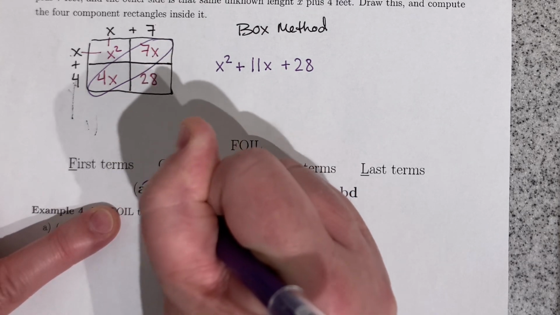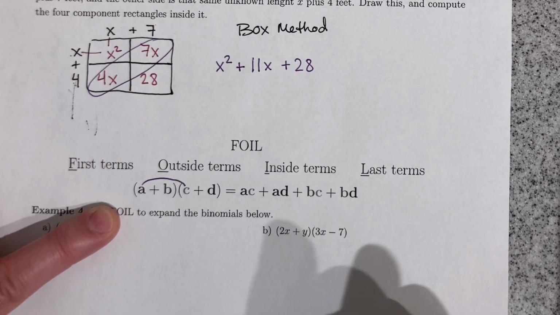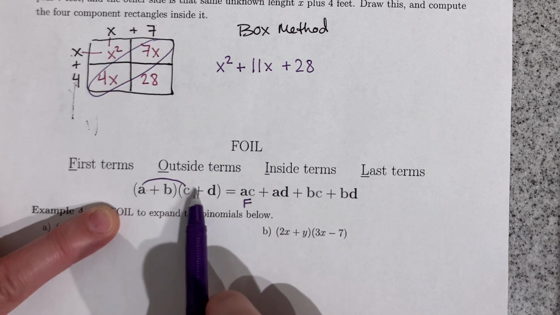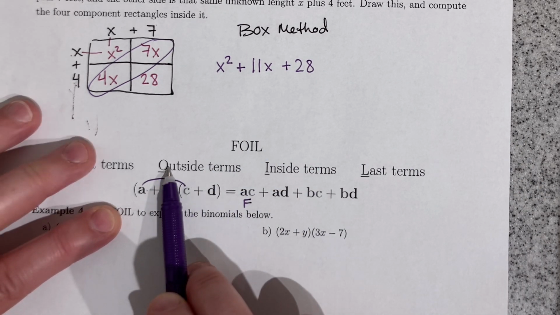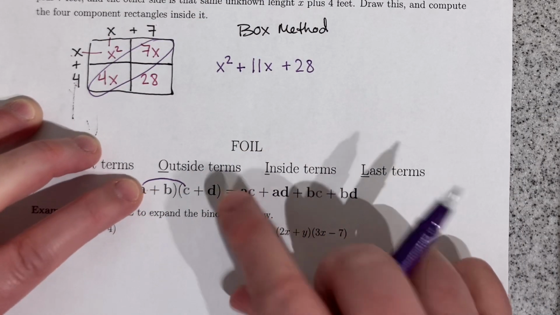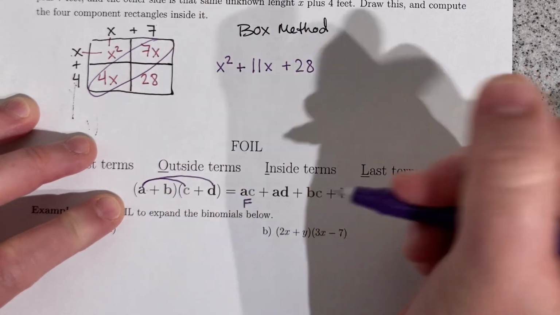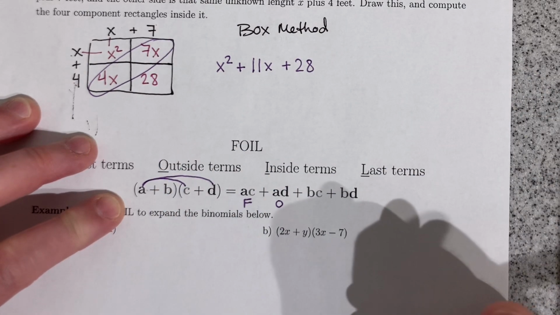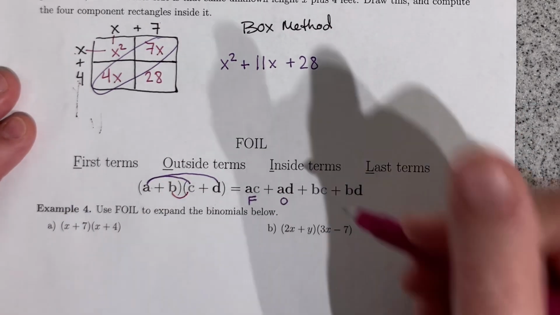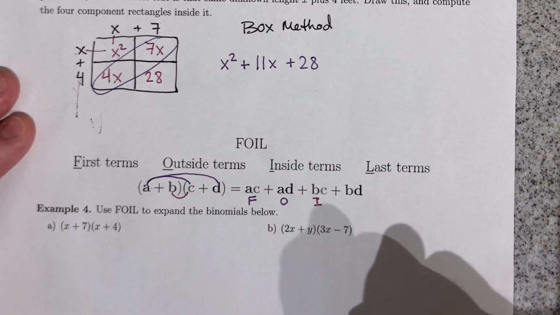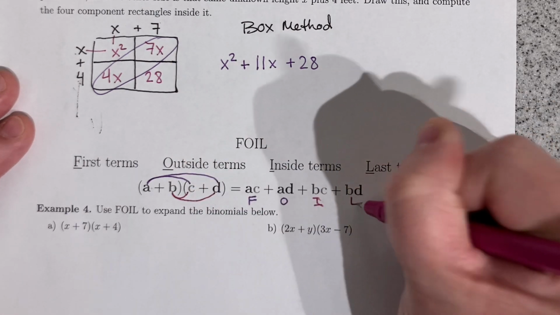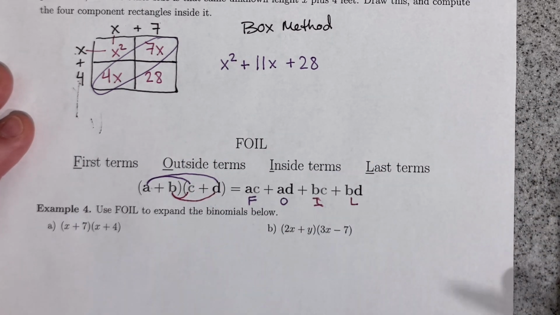First terms mean A times C, because they're the beginning of each of the parentheses. Outside is A and D, because if we're viewing this as inside, outside, A times D is the outside. Then the inside terms are B and C, so that's the I. And finally, the last terms are B and D. So that's why this is called FOIL.